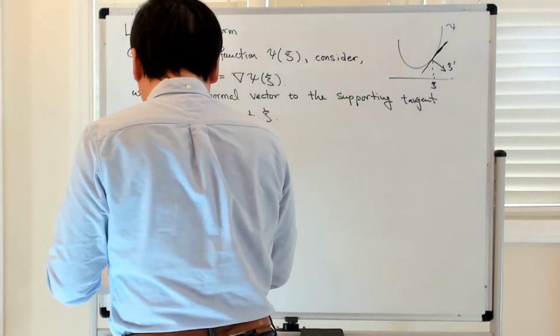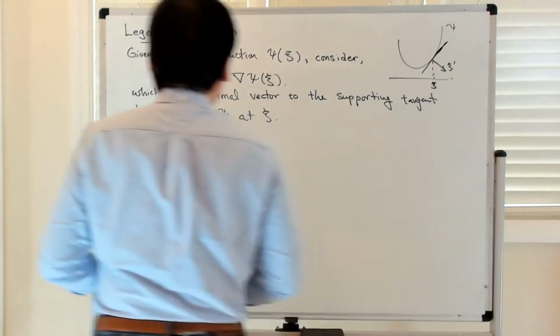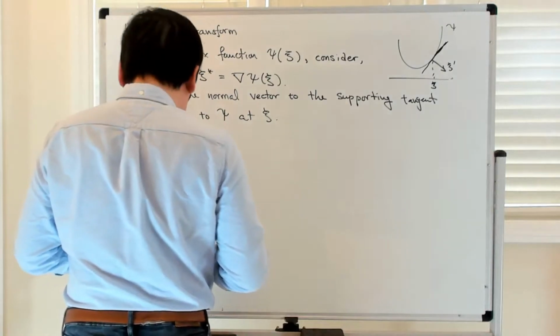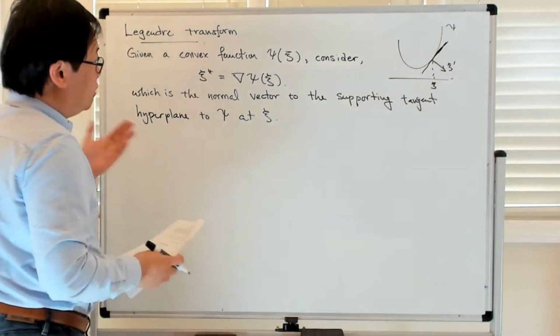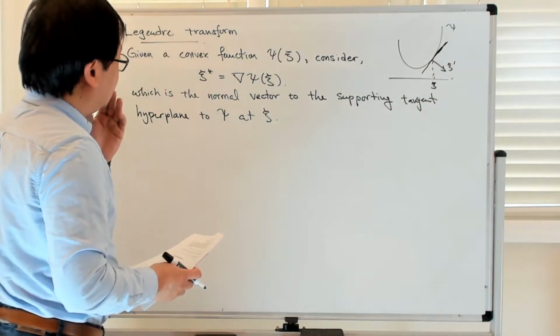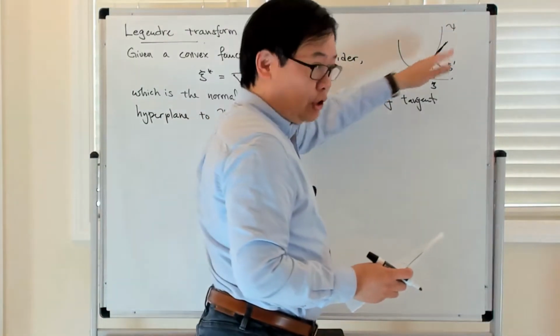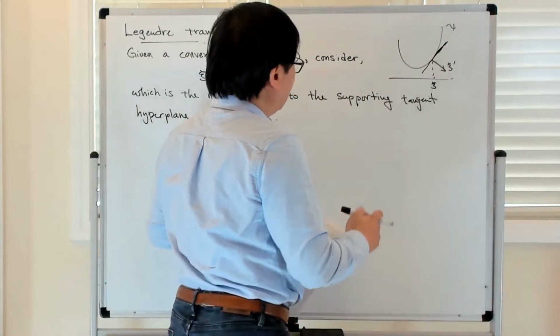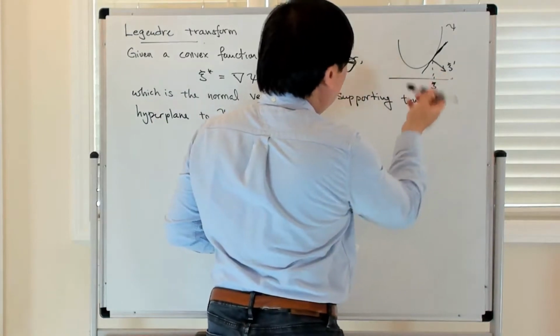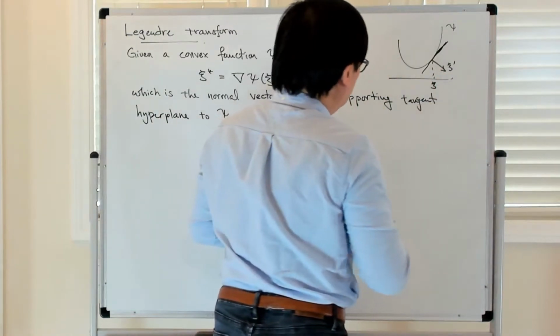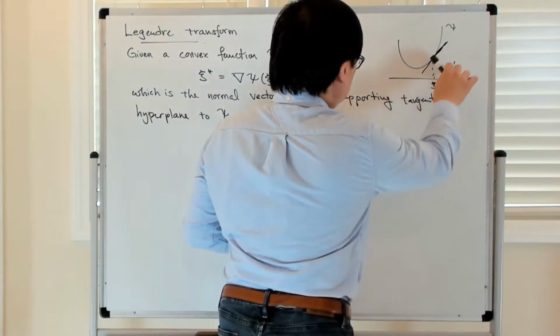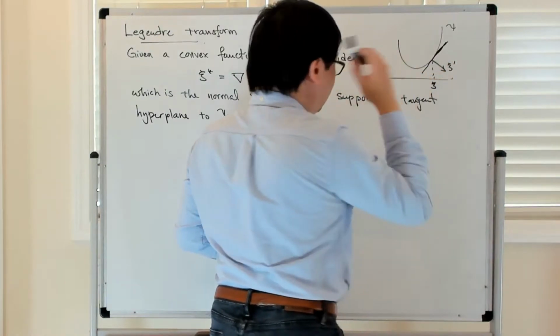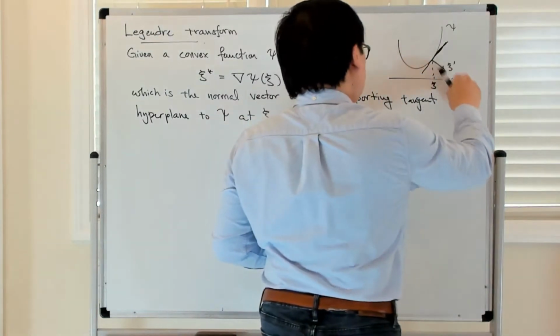So the bottom line is that because the function is convex, there is a one-to-one correspondence between the point at which you're evaluating the convex function and its normal.